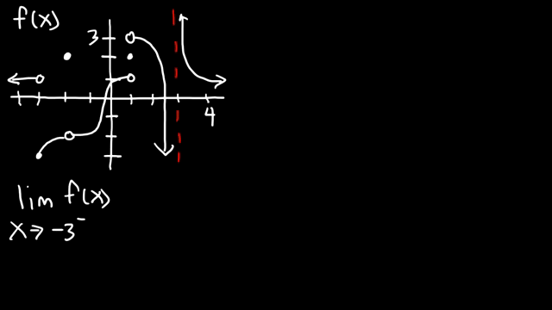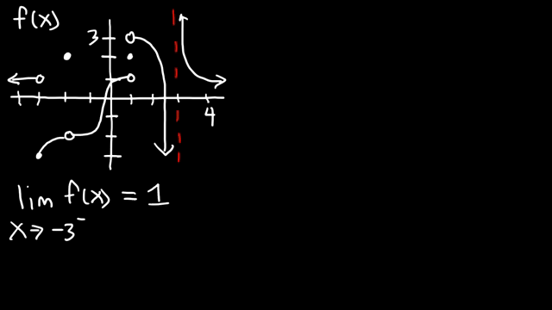So first, identify where x is negative 3. X is negative 3 anywhere along that vertical line. Now we want to approach that vertical line from the left side. So you want to follow the curve from the left until you get to that point. So notice that the y value here corresponds to positive 1. So therefore, the limit as x approaches negative 3 from the left side is 1.